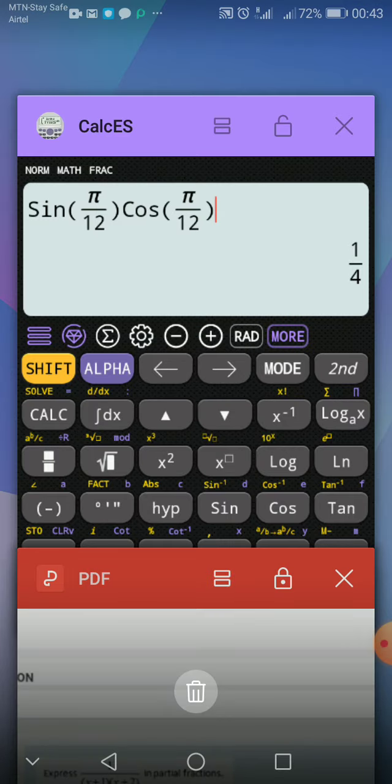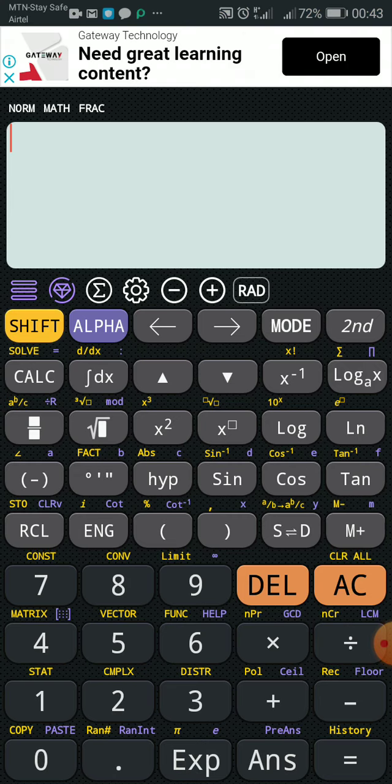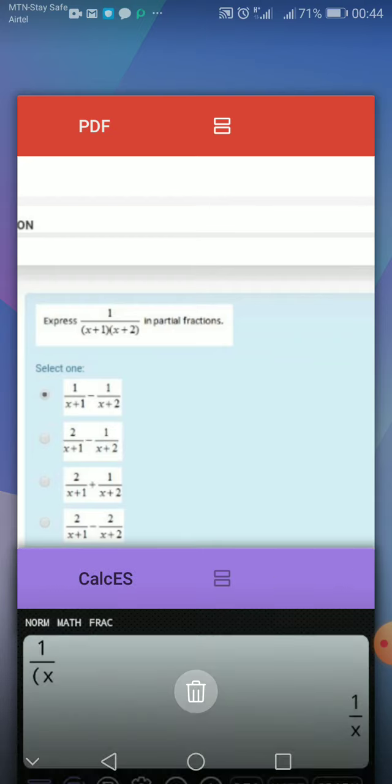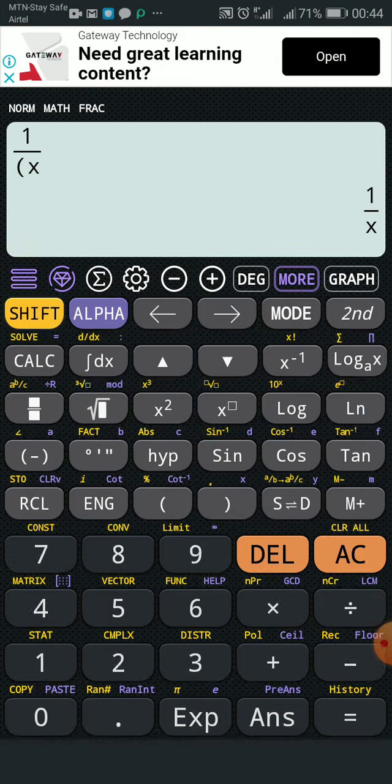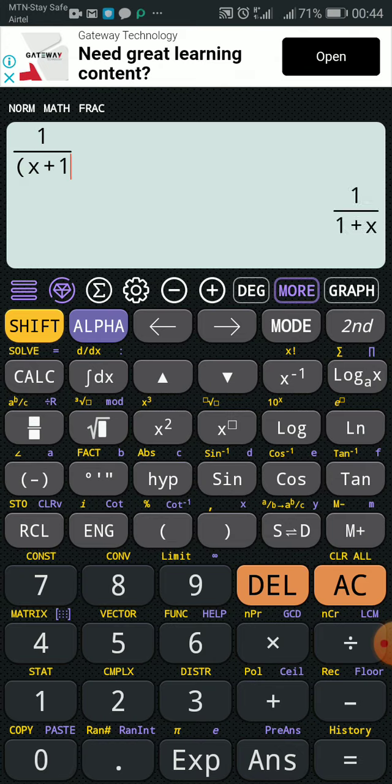So we have, I want to take my calculator away from radians to degrees. So I have 1 all over open brackets alpha x plus 1, into alpha x plus 2.